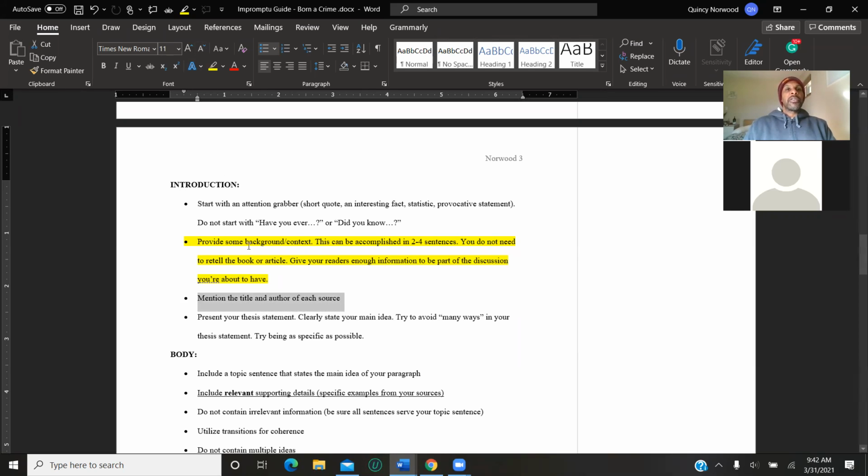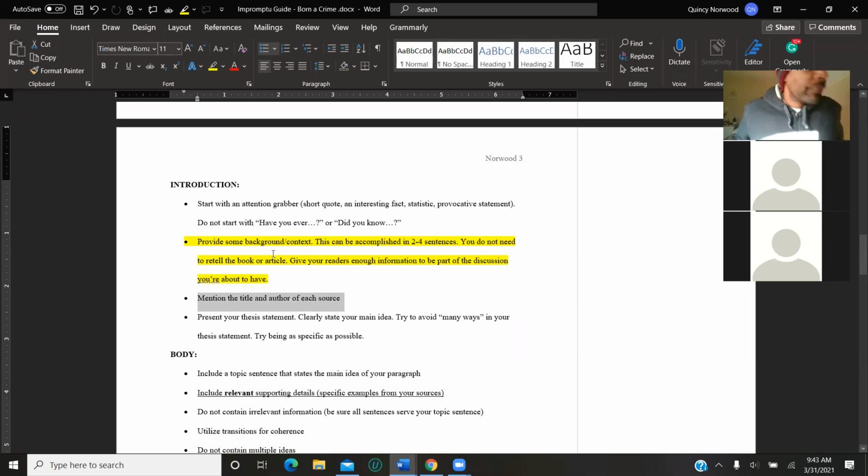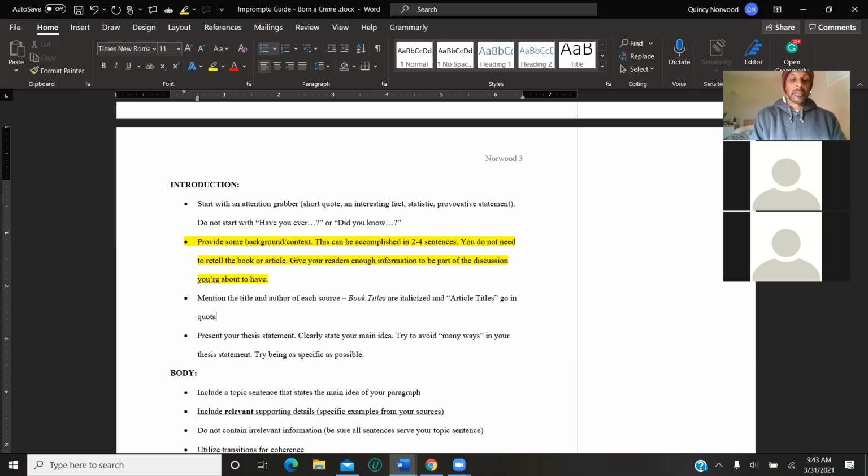Definitely do this: title and author of each source. Make sure you include the title and author of each source.